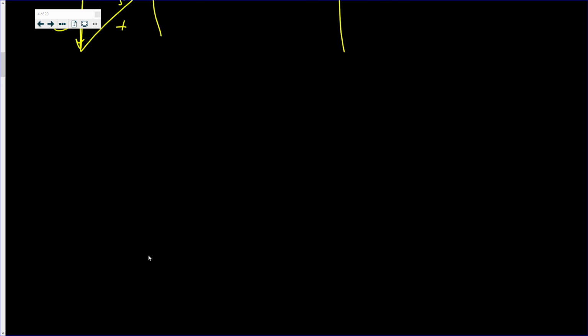The next problem's a little bit interesting. What if you want to find out the cosine inverse of 2 cosine 30 degrees? Well, this is equal to t. Wonder what that is. Let's try to figure it out.